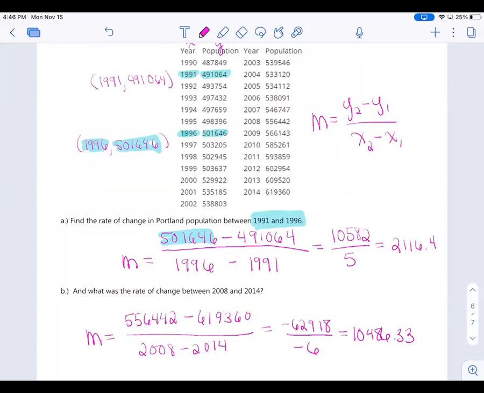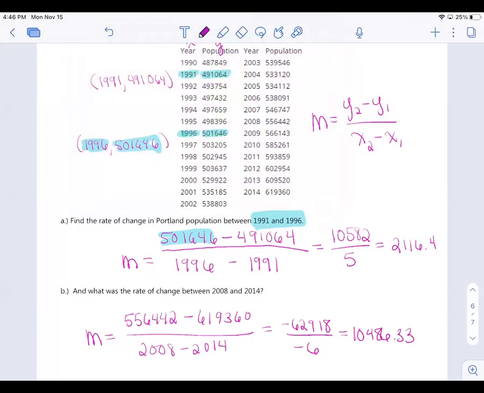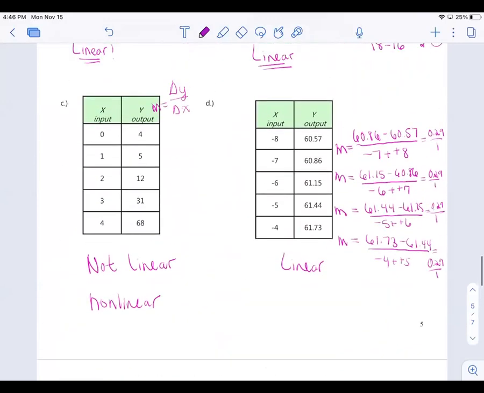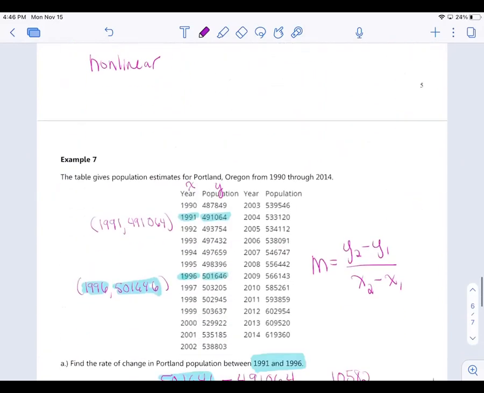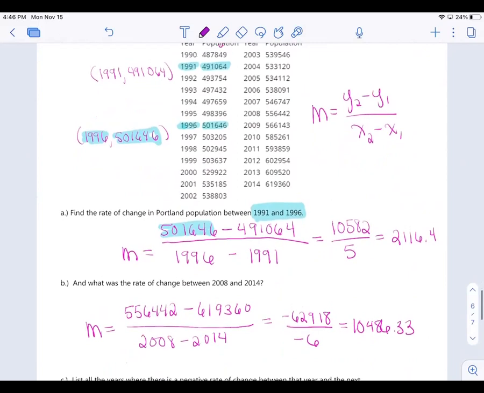So here's something that I should mention, and I didn't. Units are important. I wasn't mentioning it before because we were just looking at data. So all of this stuff is wonderful data. I don't know what I'm talking about in these previous examples, right? I don't know if I'm talking about people, how many sweaters I can make, how many pizzas I'm going to eat, whatever it is. Here, I clearly have units. So this is really important. What is in your numerator?